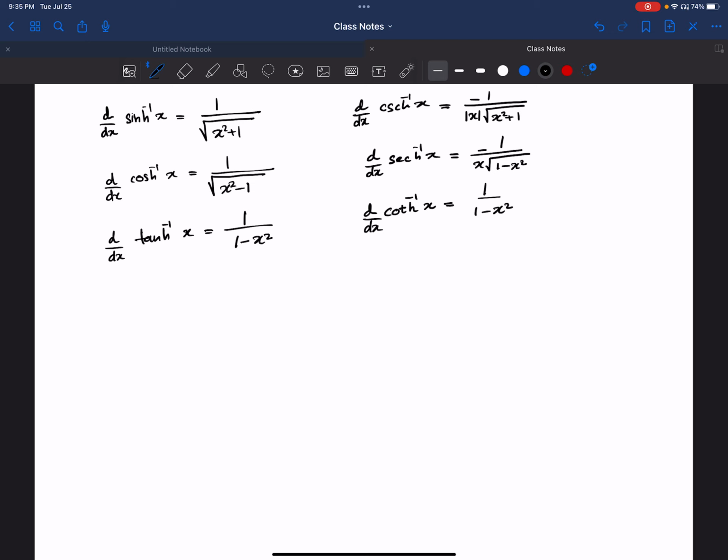So these are the 6 derivatives that we can use to solve the problems.